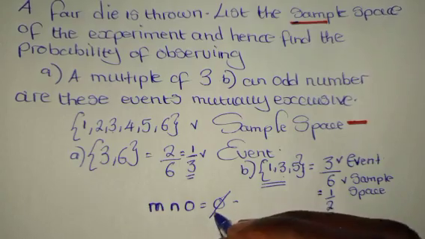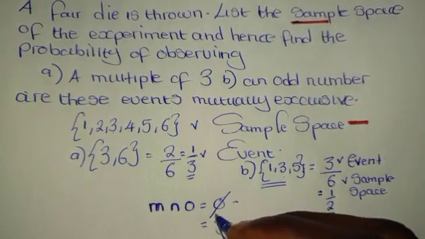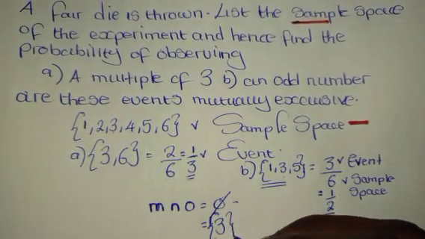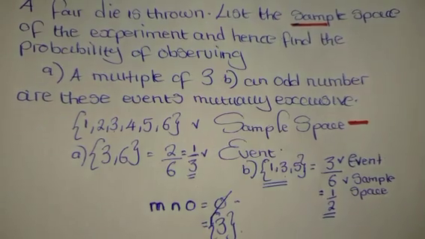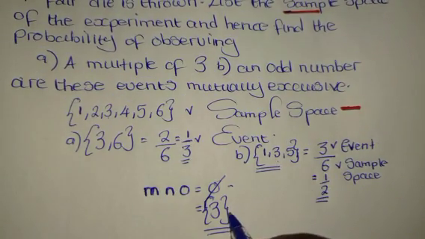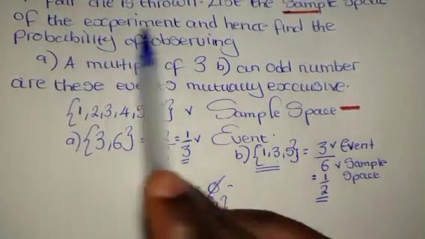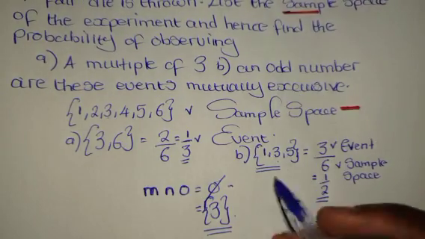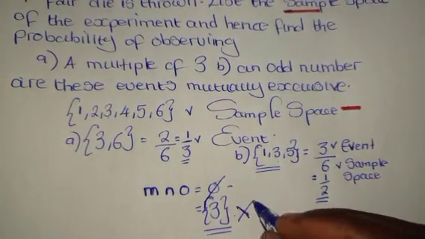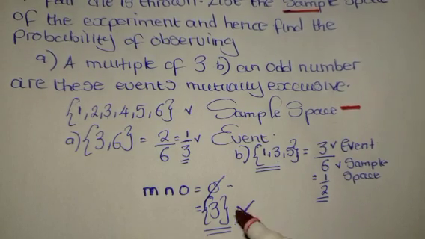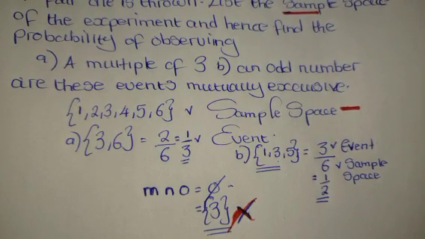So it is violating the law of mutual exclusivity. So this 3 shows that this multiple and this odd are not mutually exclusive.